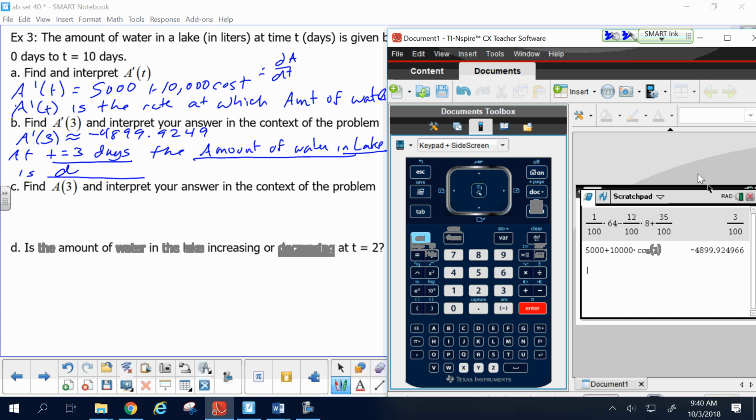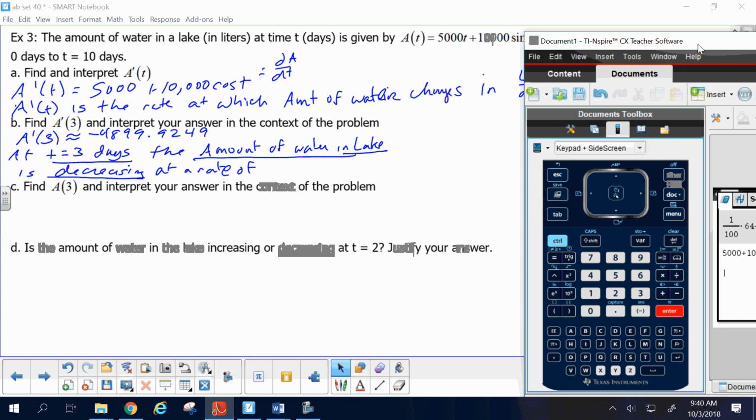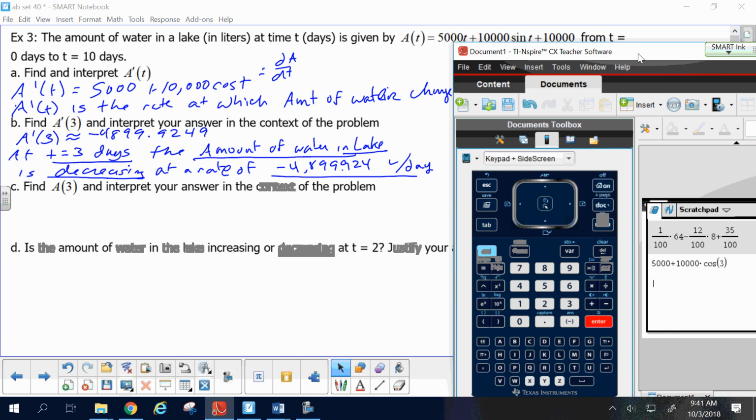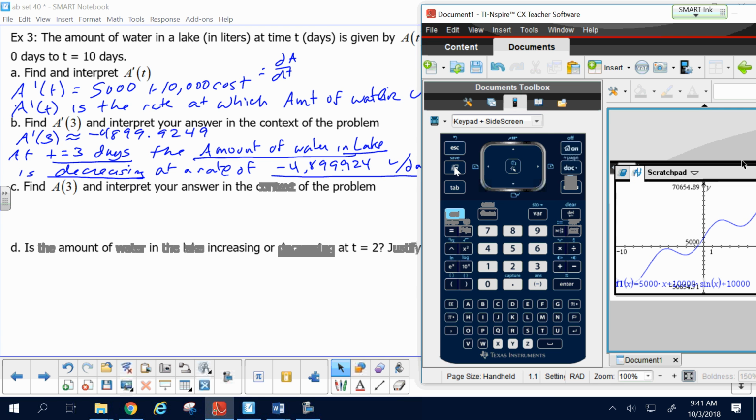The amount of water is decreasing at a rate of is always there. And then finally, interpreting your answer. Negative 4,899.924 with units. What are the units? Liters per day. At that point in time, the water in the lake is decreasing at a rate of almost 5,000 liters per day.